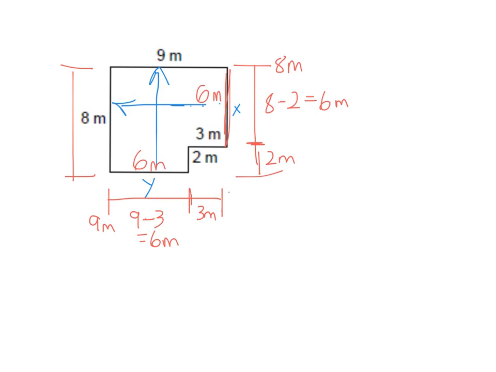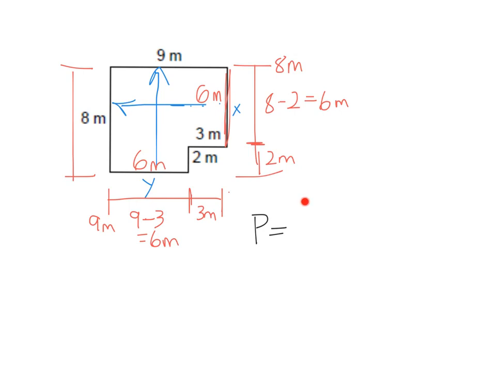Then I write P equals. There are no formulas for composite perimeter, remember that. I always like to start from the middle one and go clockwise, so that I can make sure I do not miss any of the numbers.